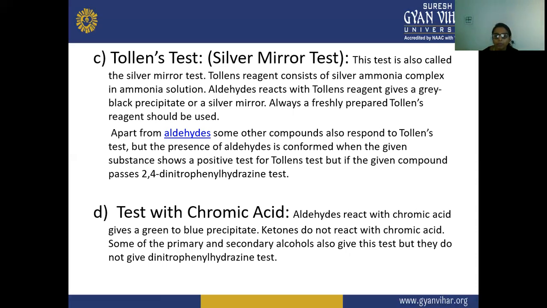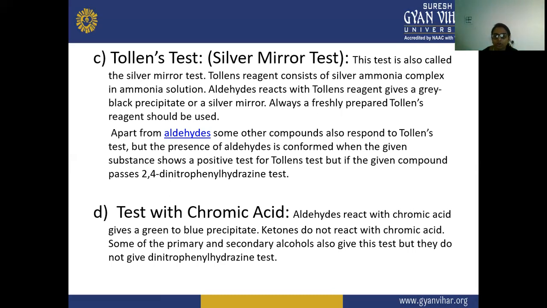The Tollens reagent consists of a silver ammonia complex, and the aldehyde reacts with this silver ammonia solution. The aldehyde reacts with the Tollens reagent and gives a gray or black precipitate, or a silver mirror.